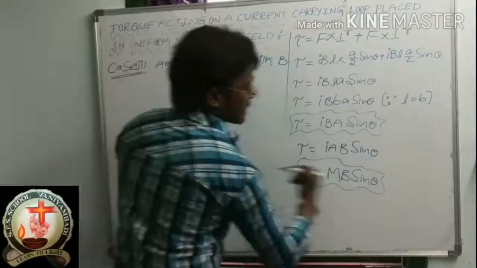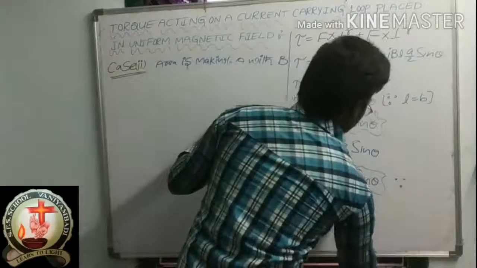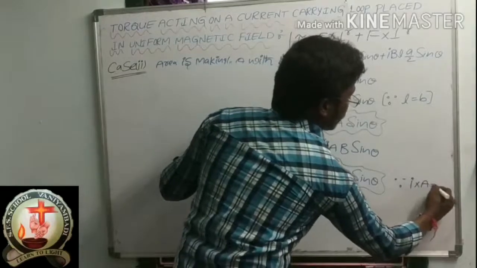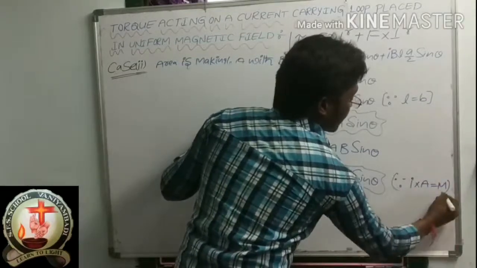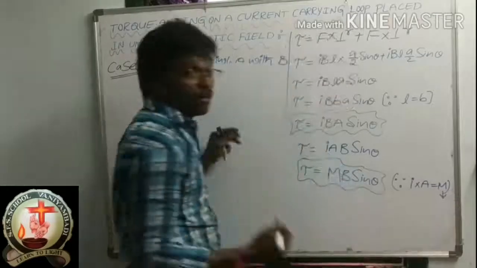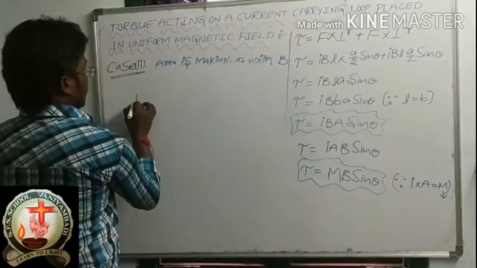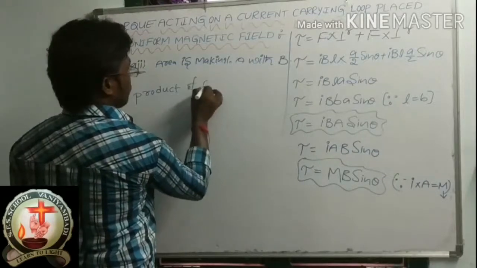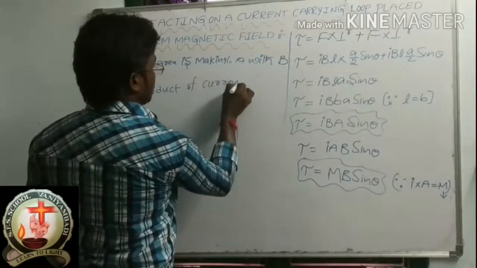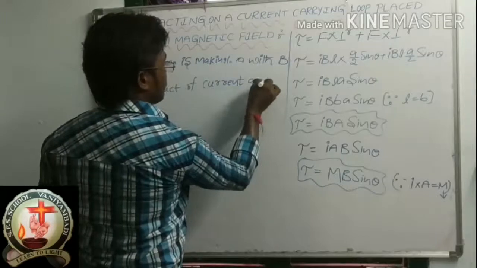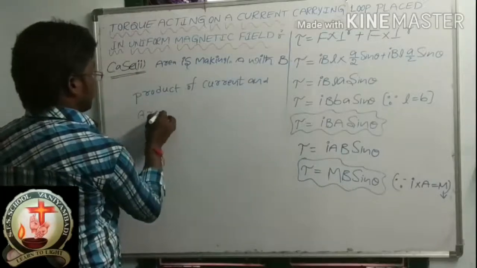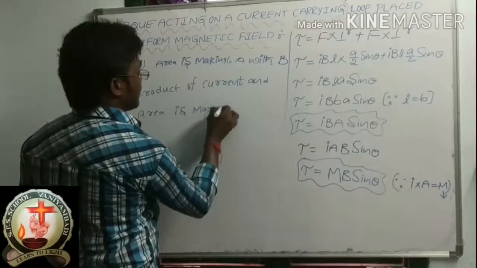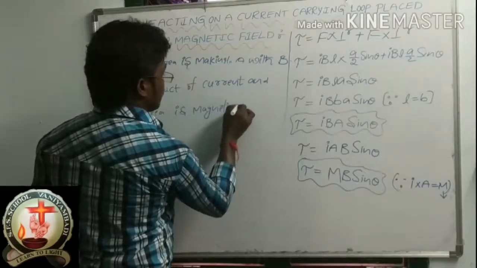So I into A is equal to M. Here M means magnetic moment. The product of current and area is magnetic moment.